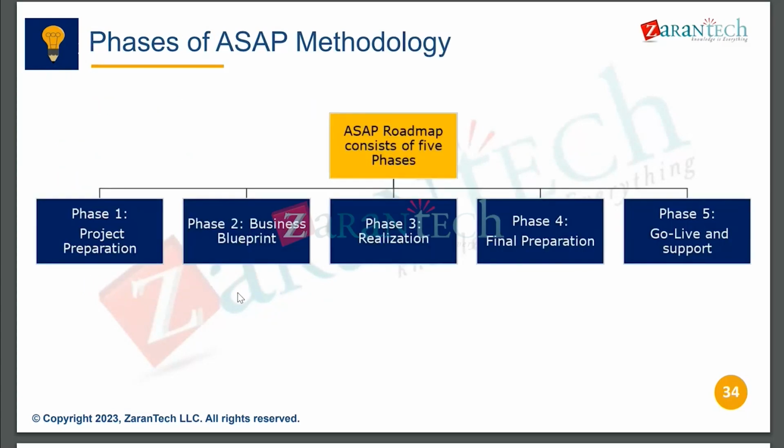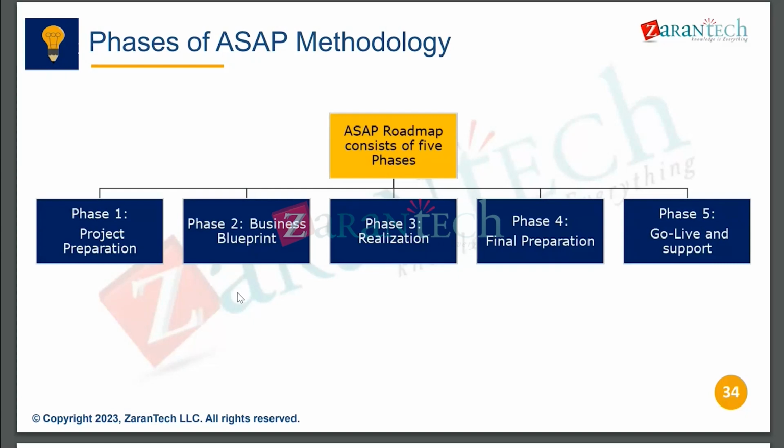So these are the ASAP methodology roadmap phases. Phase one is project preparation. This is the first step, where most of the consultants are not involved; only the project managers, senior leadership, business stakeholders and senior business architects are involved, and they plan everything.